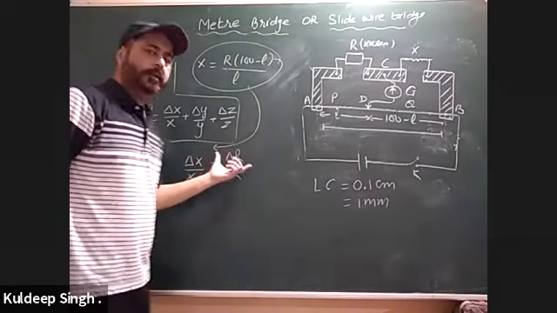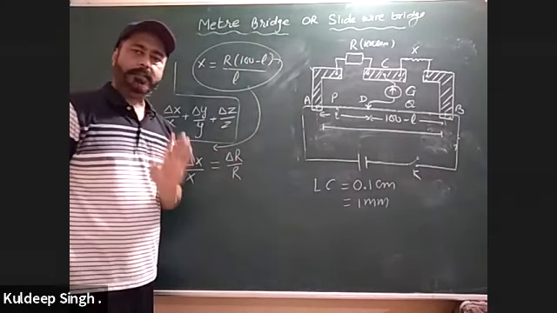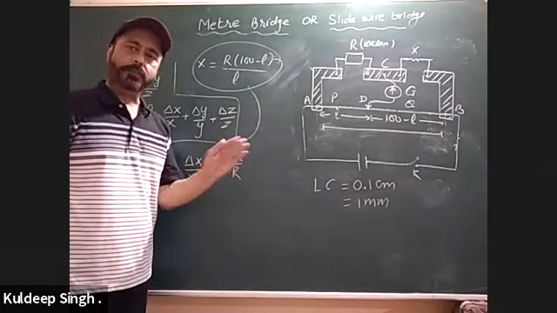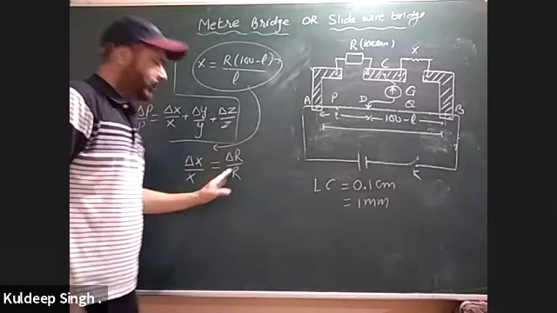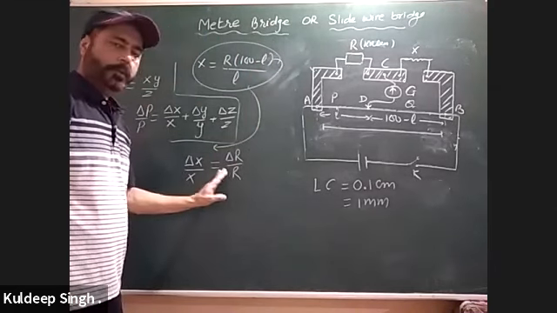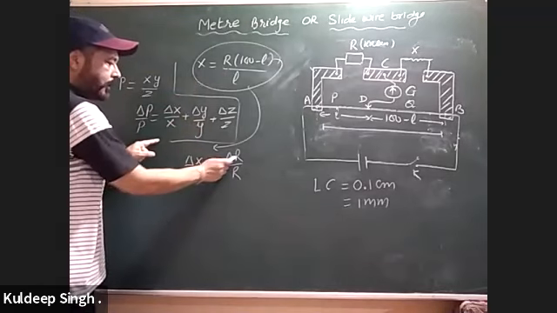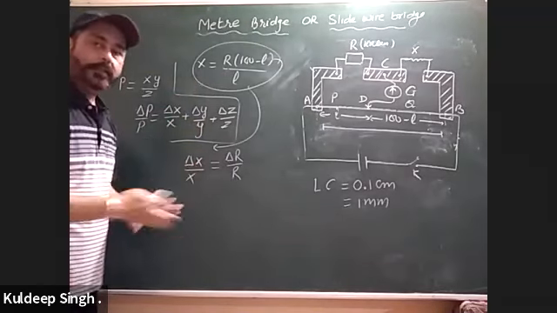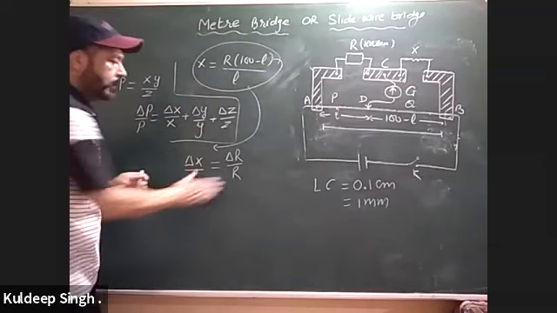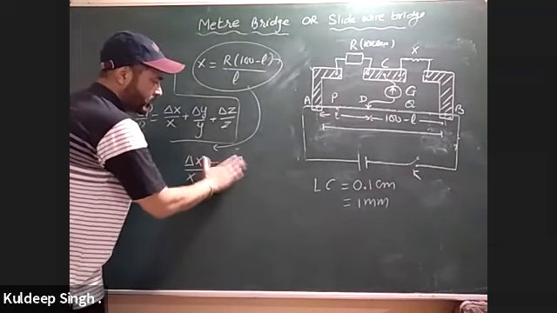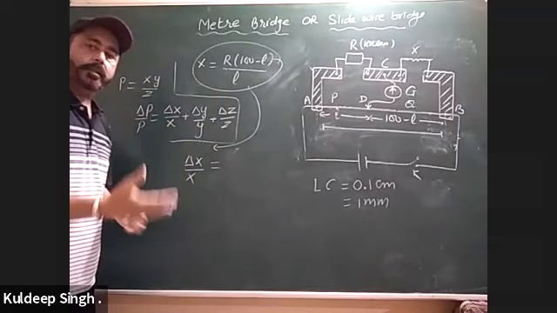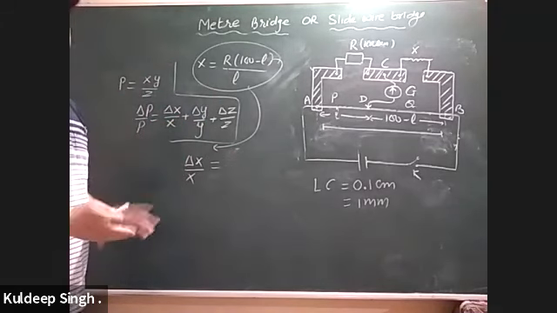What is the error in R? It is the standard resistance. So delta R is equal to 0. You may not write it, or put it 0. So when you apply this formula, you will write delta R by R, but delta R is equal to 0, therefore I have no need to write it. But if it is given in the numerical, then you can use it.